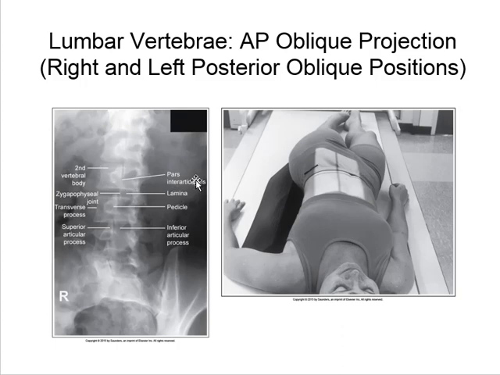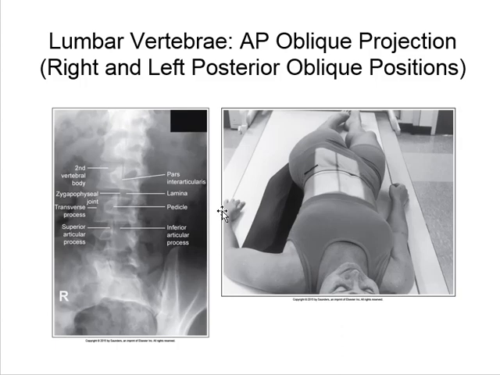The eye is the pedicle, and right behind the eye we've got the pars interarticularis, and then the ear is basically your articular pillar, as well as the foot of the one directly above it. So the foot of one and the ear of the other articulate together to create the zygapophyseal joint. That's your superior articular process, inferior articular process, with the zygapophyseal joint in between the two.